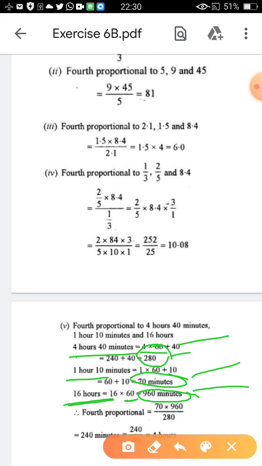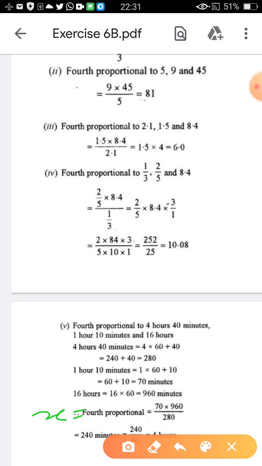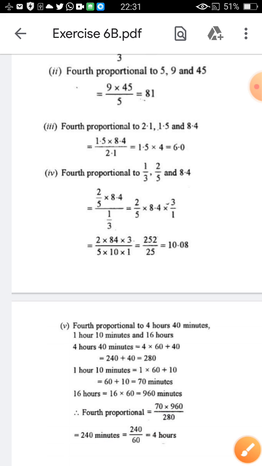Now we have to find the fourth one. So I have written here fourth proportional, or you can write x also. X is equal to the multiplication of the middle terms divided by the first term. After doing the calculation, I got this.